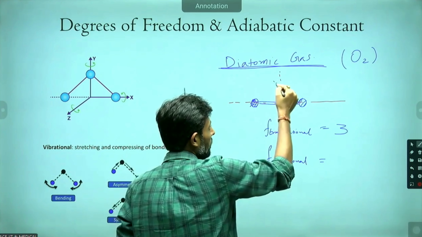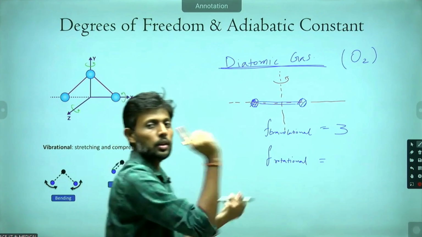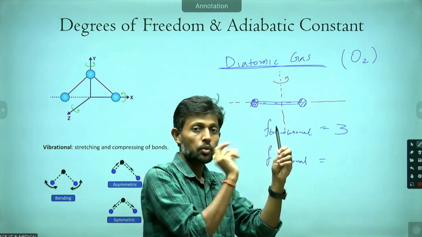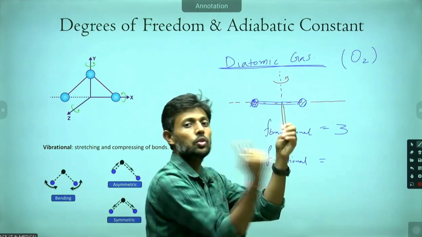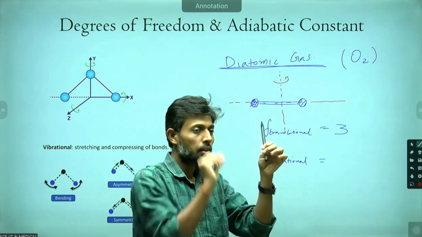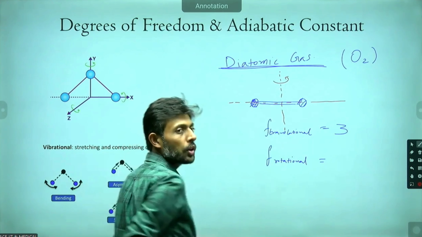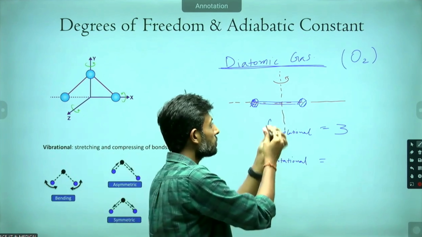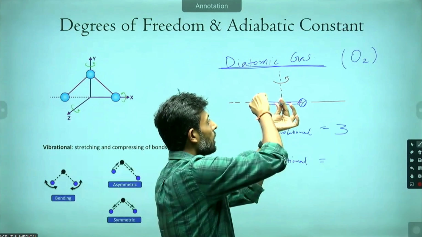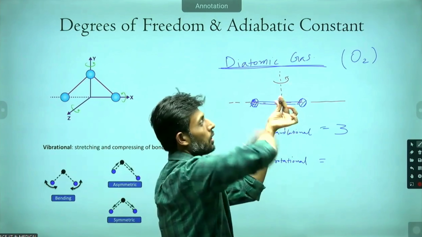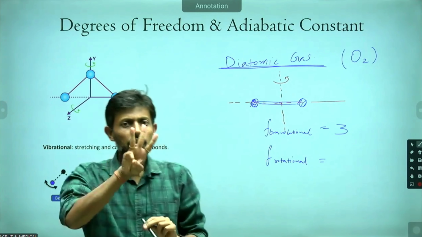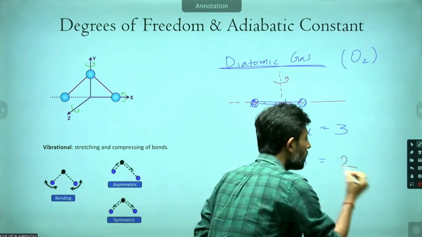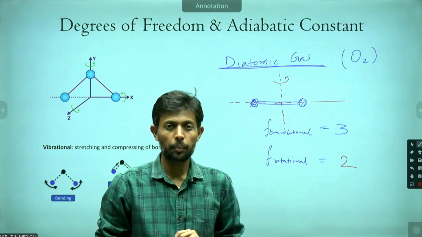The molecule is going round and round like this, as if here is your molecule, one atom here, another atom here, and it's going like that, like a fan. So that can be one way to rotate. And the third one can be about the z axis. If this is our axis, this molecule will go round and round like this. These are the three ways in which it can rotate. And yet, we say that there are only two rotational degrees of freedom. Why is that?